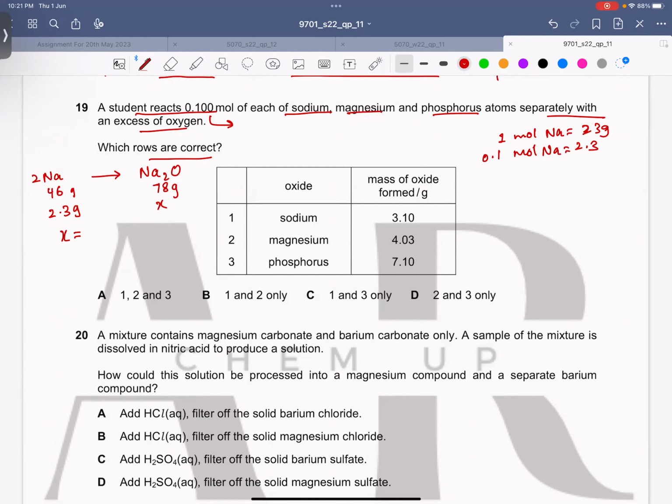It's 3.9, right? So if we are getting 3.9, then the first statement is correct, incorrect. Yes, can anybody recheck whether I'm getting 3.9 or 3.1?